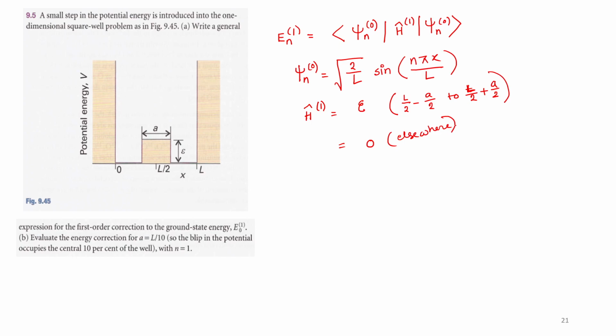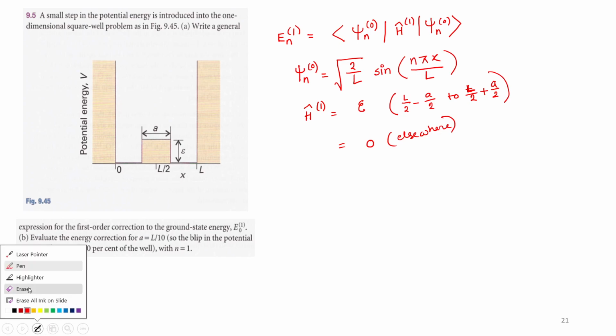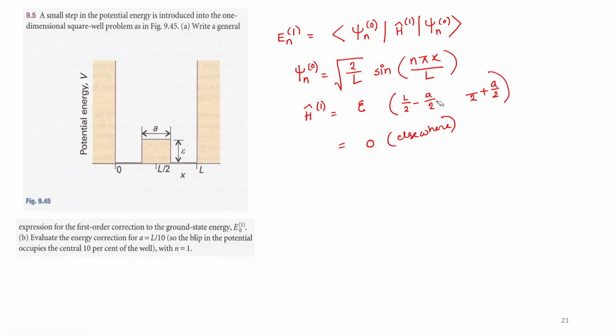You got my point? I should write it in mathematical form. When x is between this, then there is the perturbation epsilon, which is constant. See, it is not x dependent.